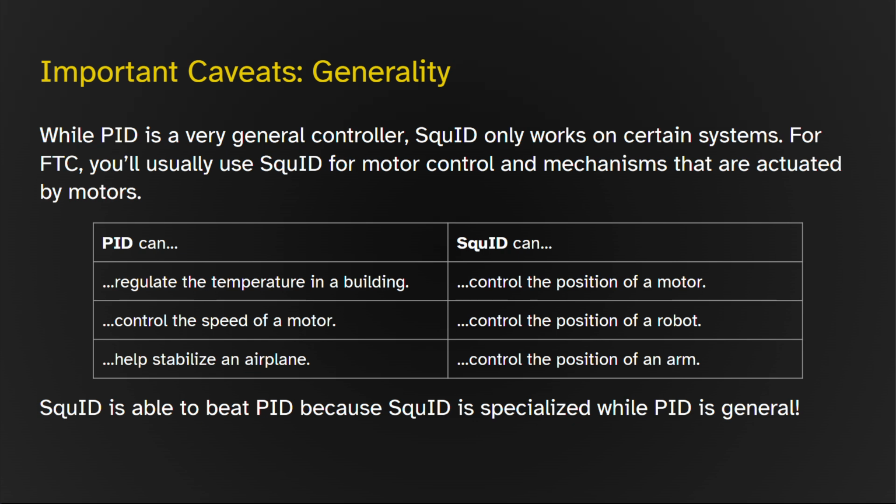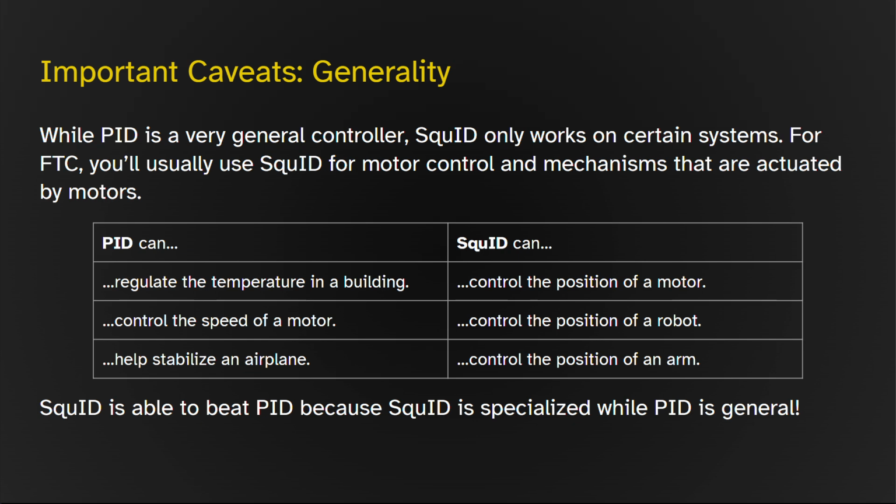SquID can control the position of stuff. You can control the position of a motor. You can control the position of a robot. You can control the position of an arm. You can control the position of linear slides. Especially in FTC, a lot of what you're going to be using SquID on is mechanisms that are run by motors. So linear slides, a drivetrain, an arm, all that kind of stuff will work.